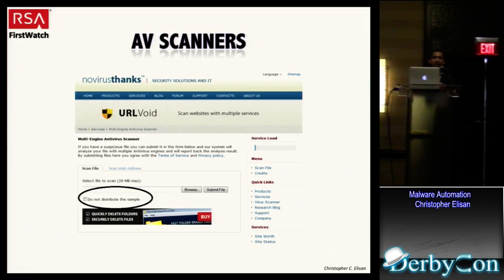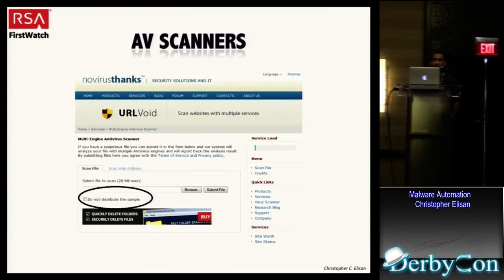Because as an ethical practice within companies that provide this service, usually when they find something that they deem malicious or that are detected malicious, they forward all of the samples to different AV vendors. But then again, even if you use NoVirusThanks, there's no assurance that they will not forward it to AV vendors, even if you tick the box that says, do not distribute the sample.